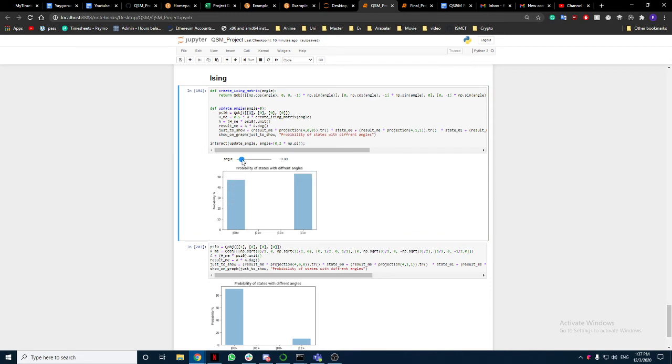For example, at pi over 4 it goes to 50%. I can't really show it, but probably at pi over 4 it is 50%, and at pi over 2 it is 100%, which makes sense. And at pi it's just the 0 state back where we started, and at 2 pi it's the same again.